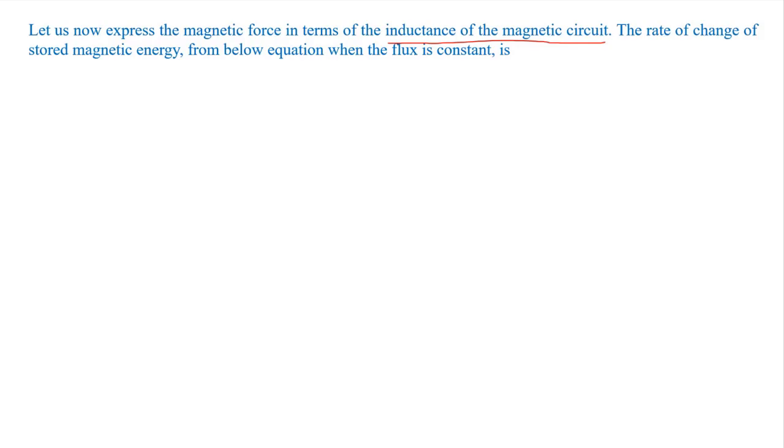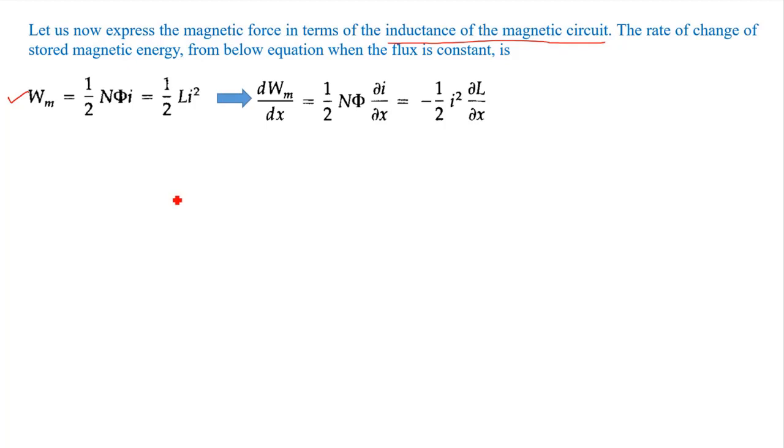So the rate of change of the stored magnetic energy, when the flux is constant, will be this. There is Wm, and we already know the energy in the magnetic field is half L I square, that is nothing but half of n phi I, right? And if I take the derivative with respect to x, it will become half of n phi times the partial derivative of I with respect to x.